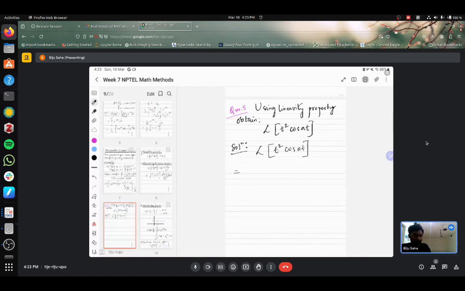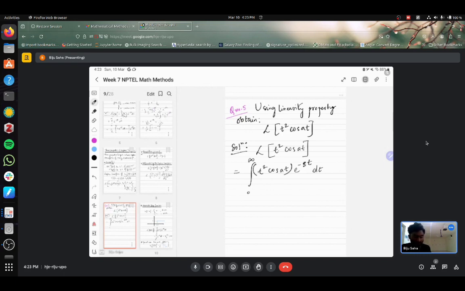One way to do this is to simply perform this integration, cos at into e to the power of minus st dt, from 0 to infinity. That is the traditional method: perform this integration and get its value, and that would be the Laplace transform.